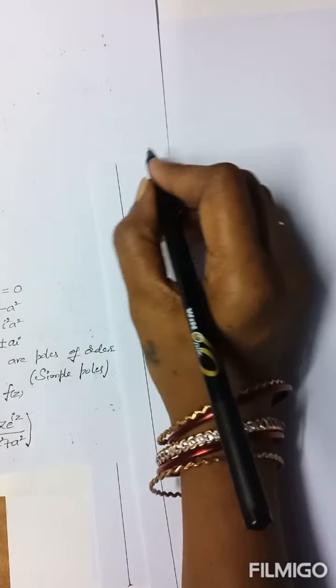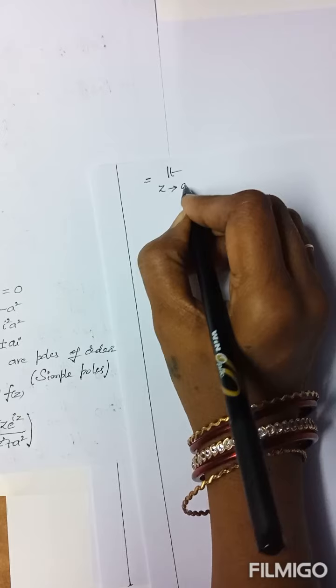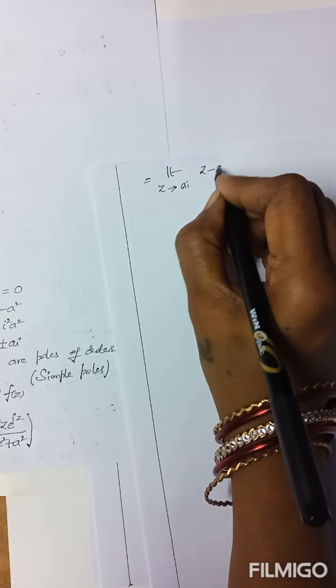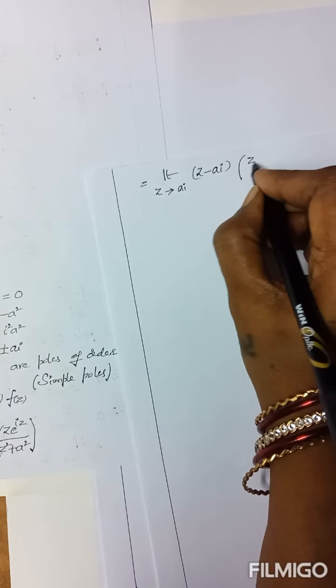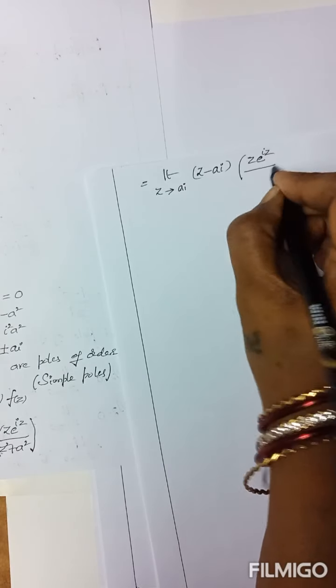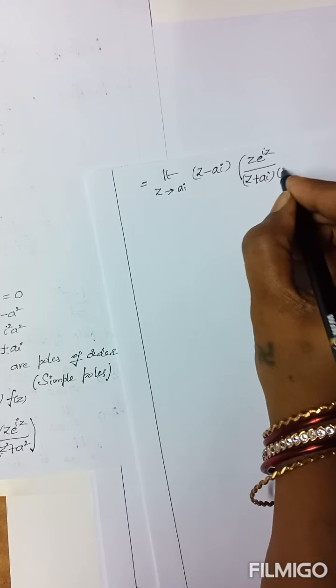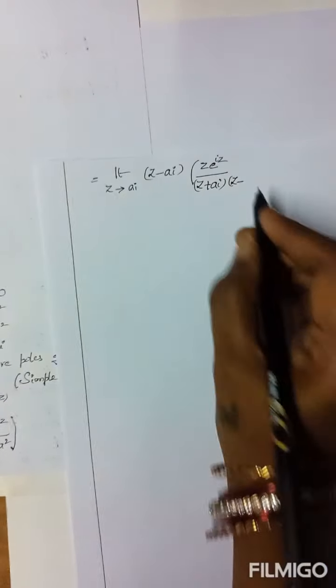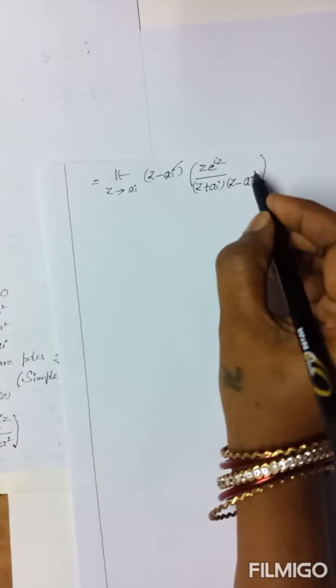After that, the limit as z tends to ai of (z minus ai) times z e power iz by (z plus ai)(z minus ai). Now these two get cancelled.